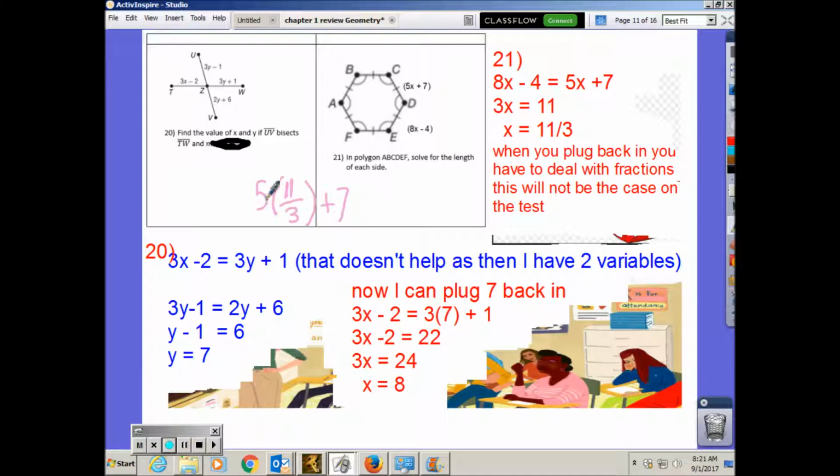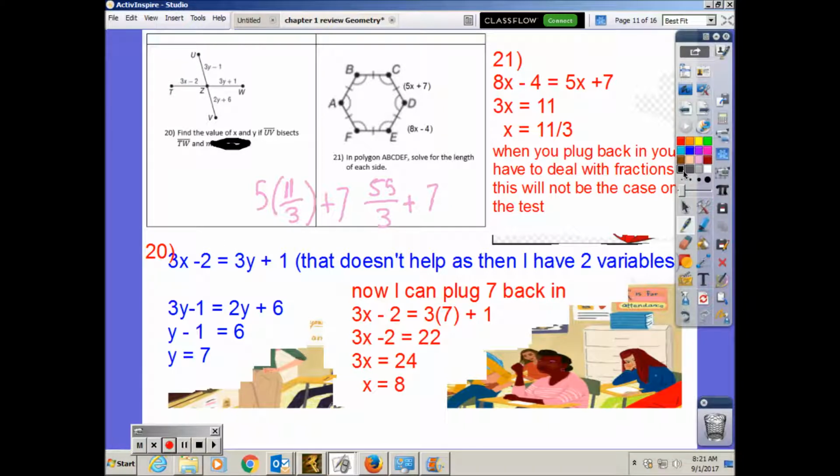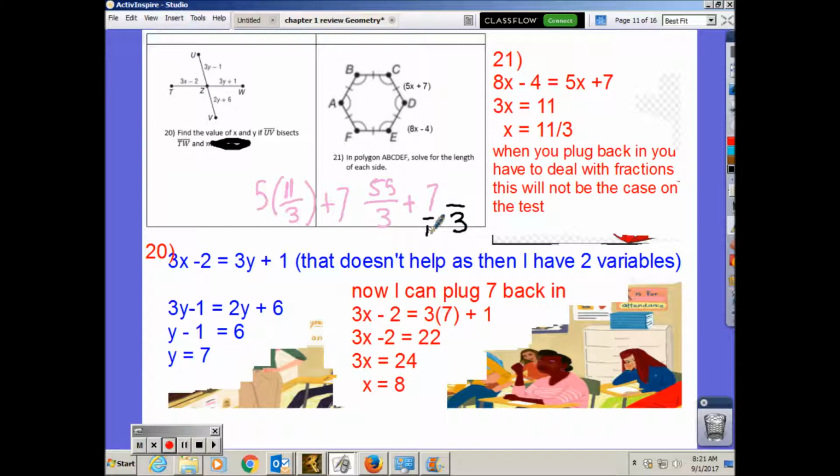So multiplying the fraction, 5 times 11 is 55/3 plus 7. I need to change the 7 into something that has a common denominator of 3. So 7 over 1 is 21/3.